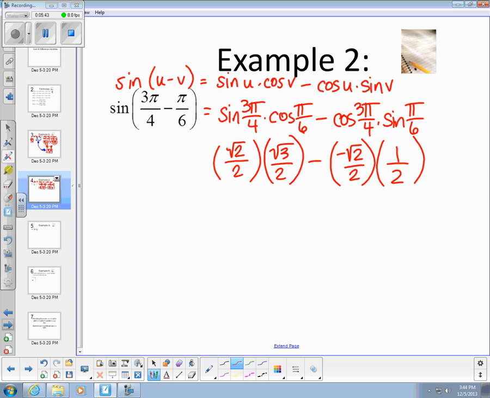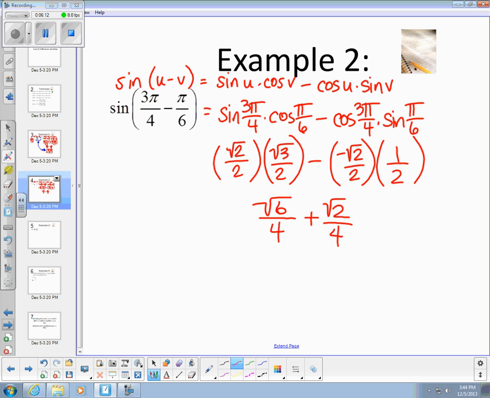Okay, and again, I'm going to use my order of operations. I'm going to multiply and then subtract. So I've got square root of 6 over 4 when I multiply the first two fractions together. Negative square root of 2 over 2 times 1/2 is negative square root of 2 over 4. But since I have minus and negative, this is going to change to plus square root of 2 over 4.